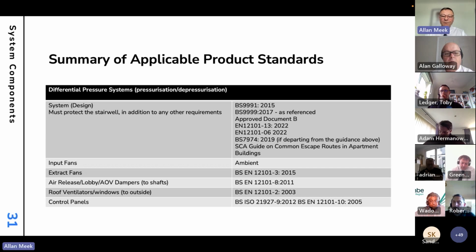But in the meantime, we would suggest that in terms of complying to a standard, the individual components in the kit, if you like, still need to comply with the harmonized standards, which are the 12101 series. So we would recommend that you, for the time being, focus on compliance with the 12101 standards and look for declarations of performance against that standard.